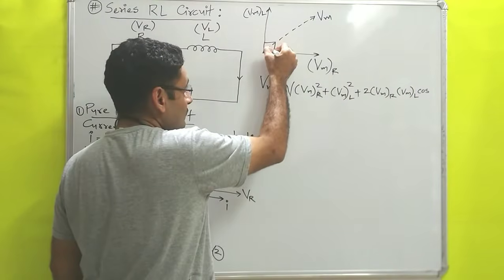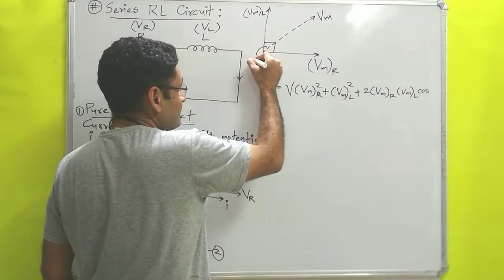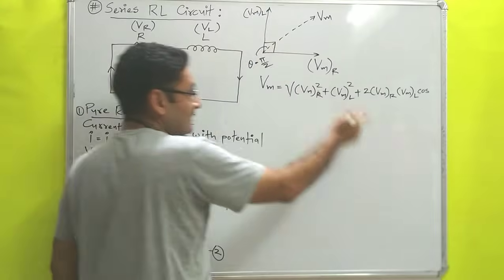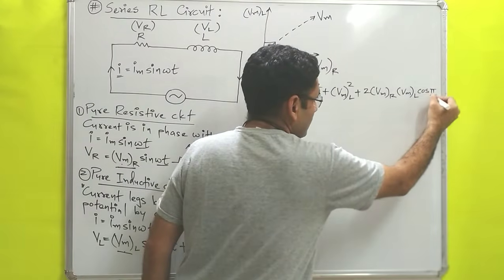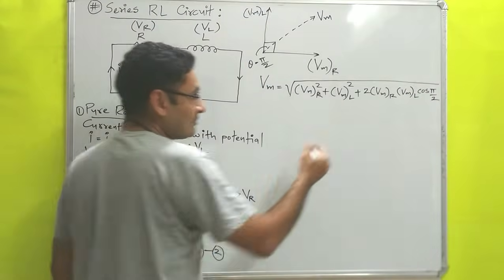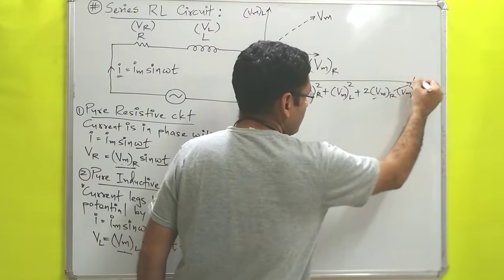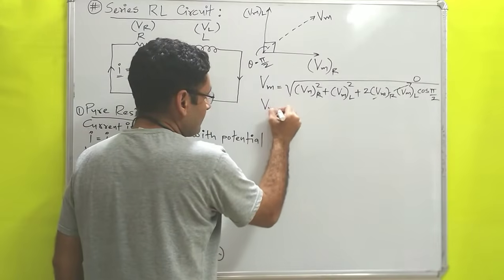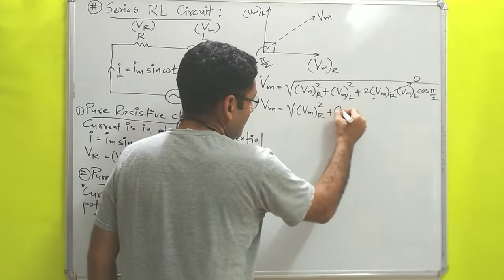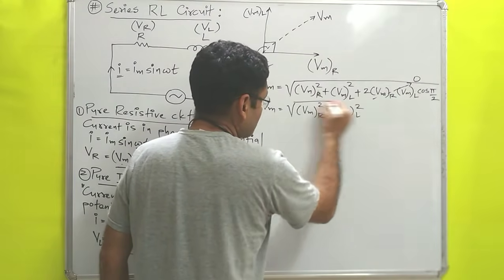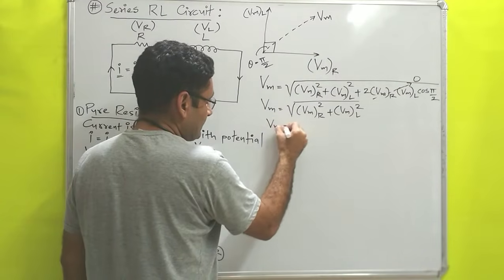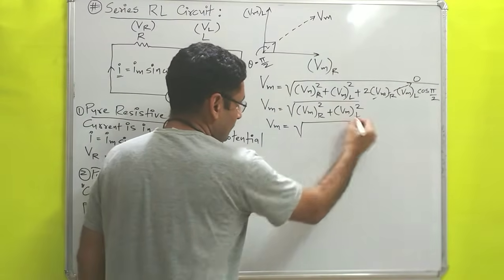Theta in this case is pi by 2, the angle between two vectors, that is pi by 2 or 90 degree. Now you know that cos pi by 2 is 0. That means this whole term would be 0. So remaining is Vm equals under square root of Vm of R square plus Vm of L square. That's it.